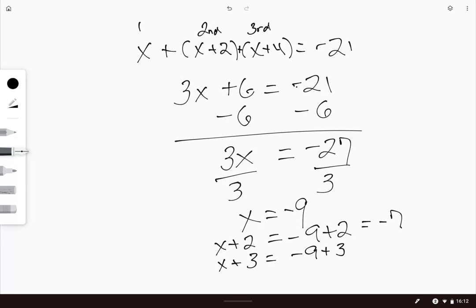Oh, excuse me, that should be a 4. I'm sorry, that should be a 4. So negative 9 plus 4 is going to equal negative 5.